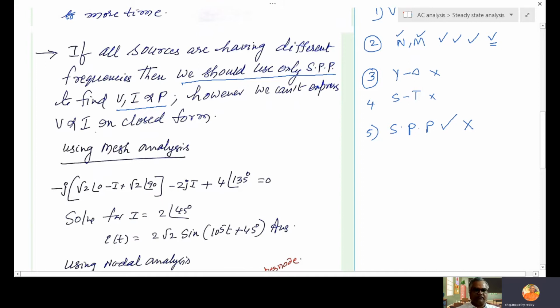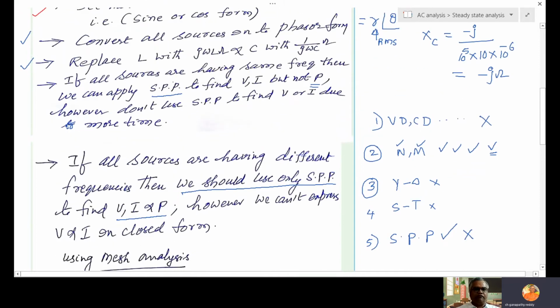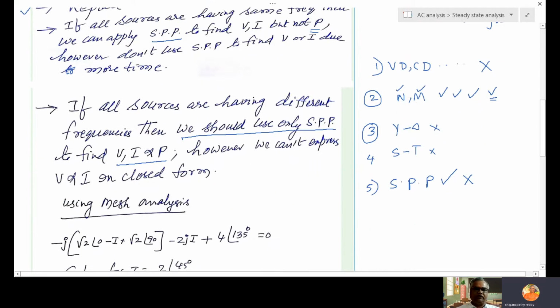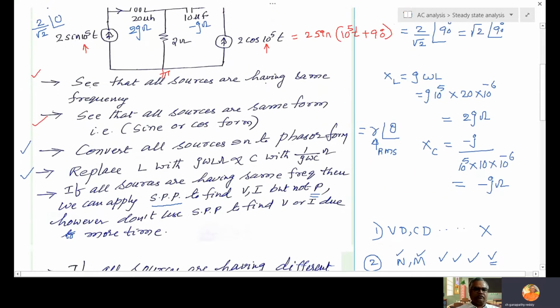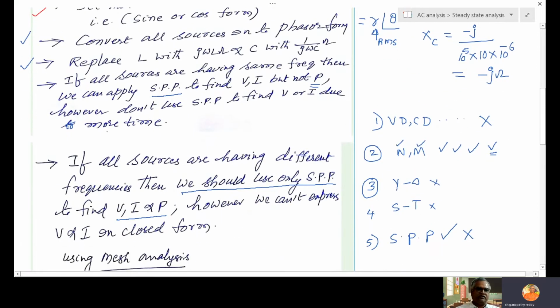That is the philosophy. If all frequencies are the same, we can use the superposition principle in principle, but it takes more time. If frequencies are different, undoubtedly use only the superposition principle to analyze the problem. So these are the six statements I explained.